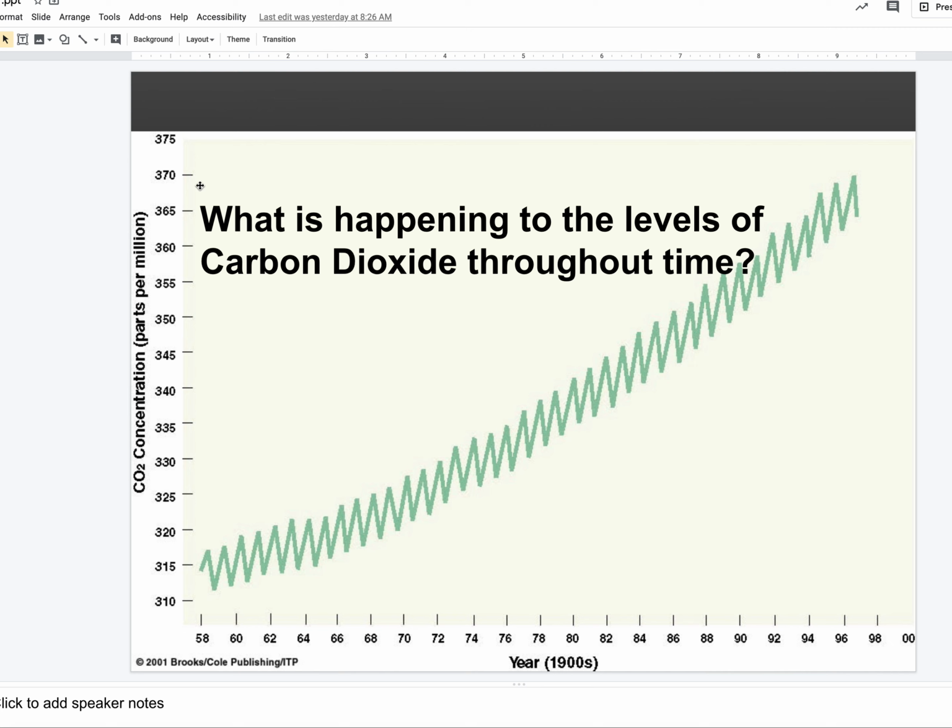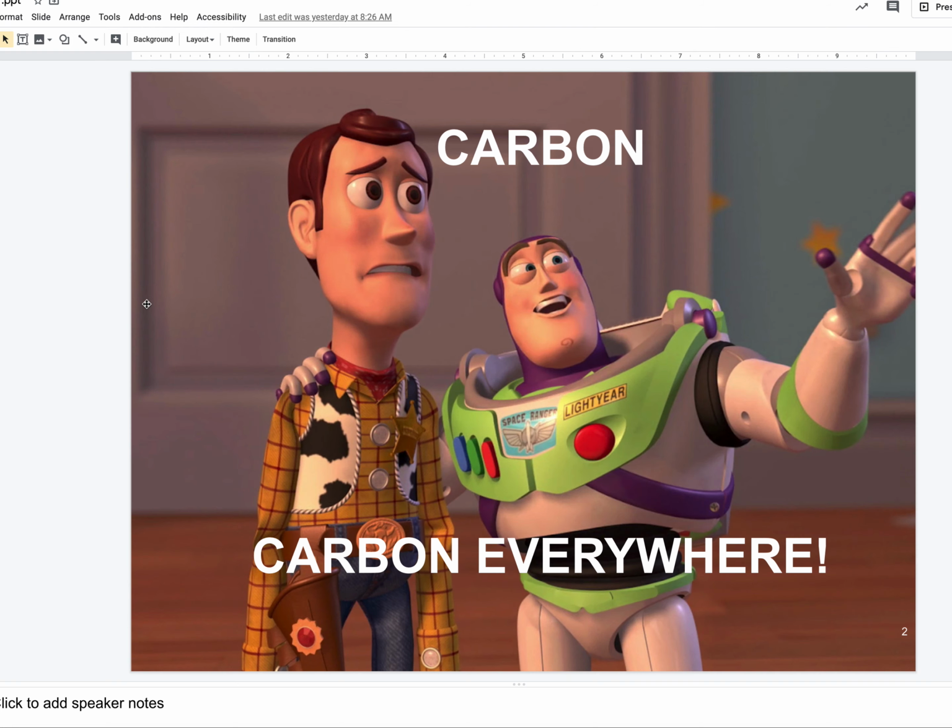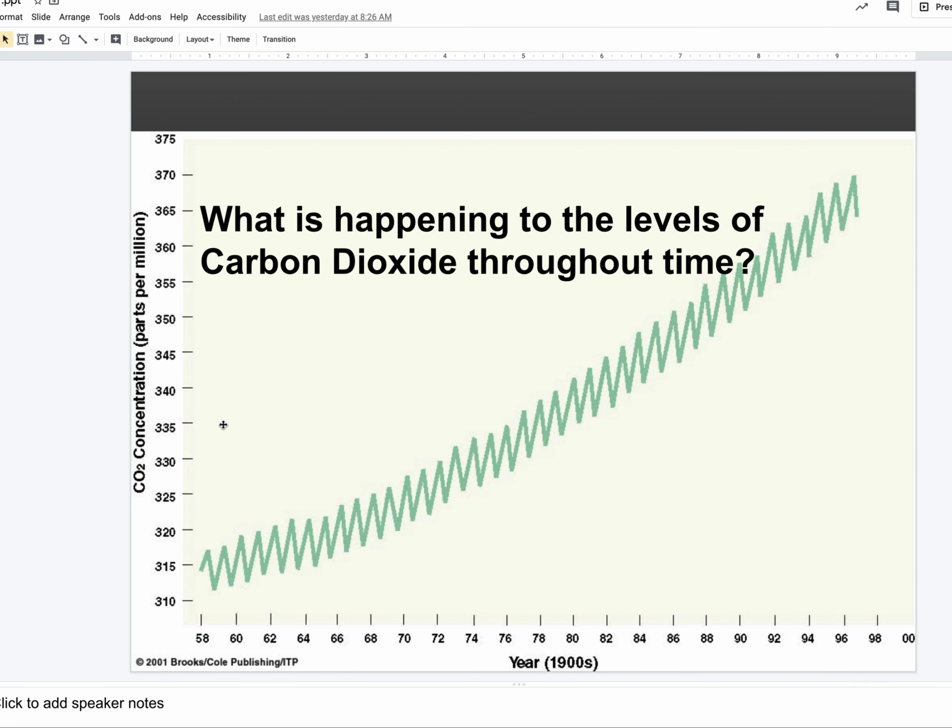So if you put 1 million molecules of air in a balloon, for example, how many of those 1 million will be CO2? That would mean that 310 would be CO2, 320 could be CO2, 330 could be carbon dioxide concentration. That's the amount of molecules that you will find in 1 million total.